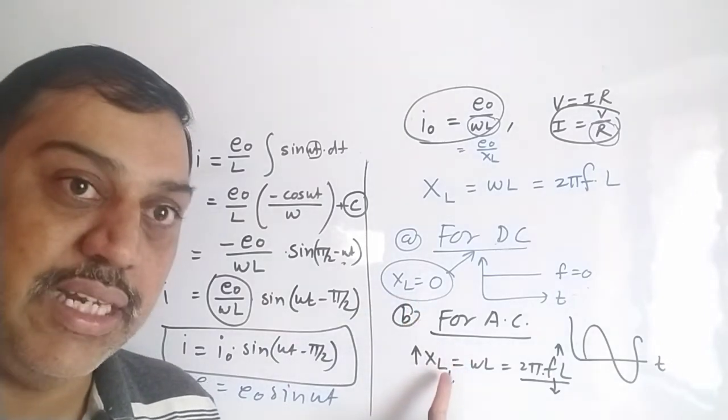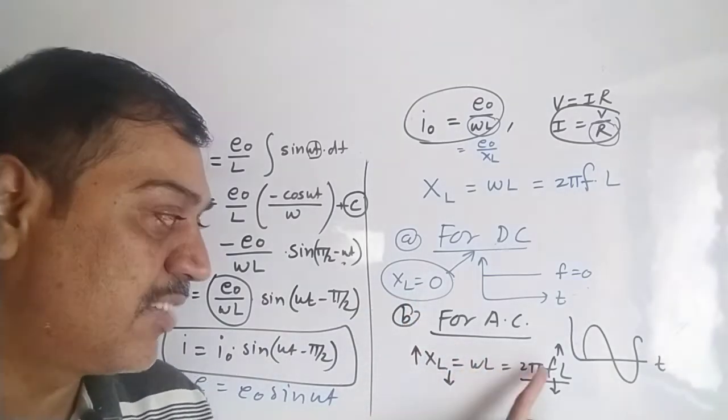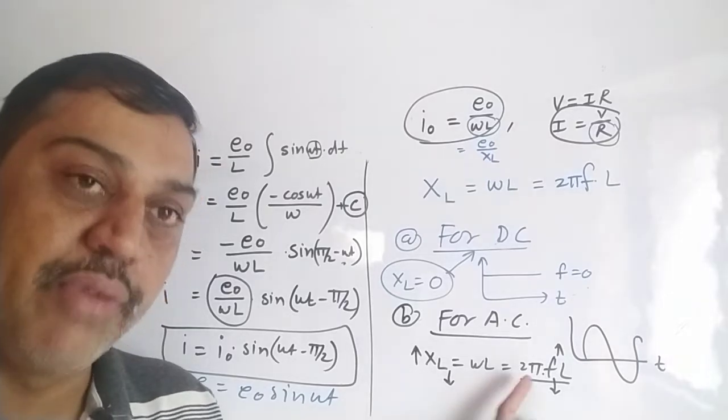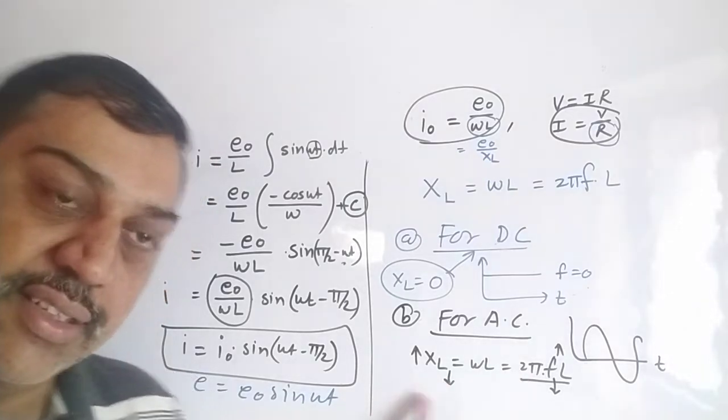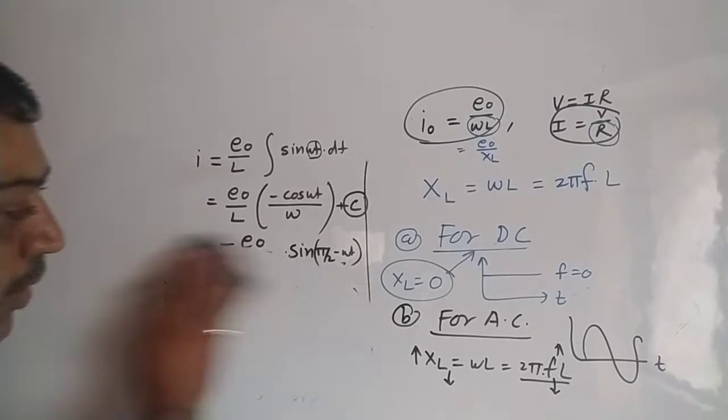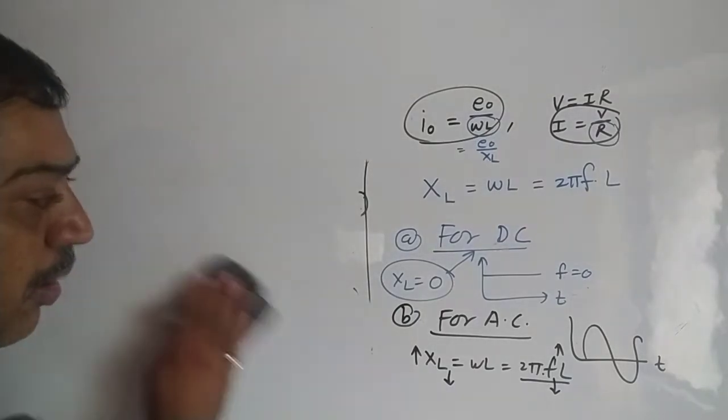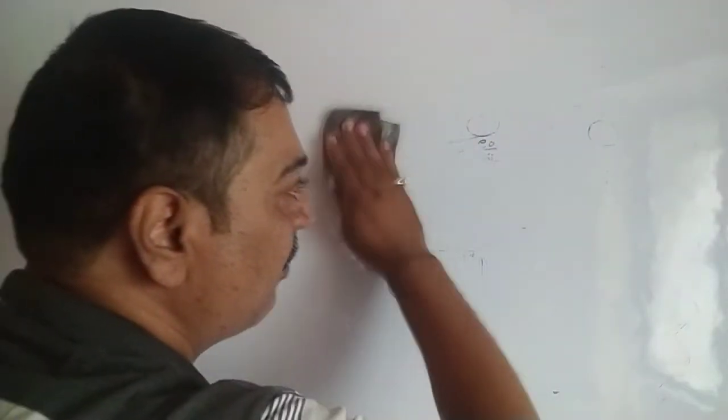But AC has a frequency. If frequency is more, opposition is more; if frequency is less, opposition is less. So according to the frequency, it will block or pass the signal. That's why it is called inductive reactance. It is again an opposition, but the opposition depends on frequency. That is nothing but inductive reactance.